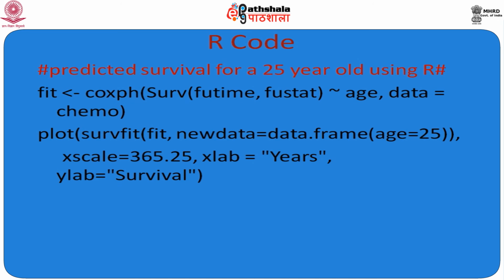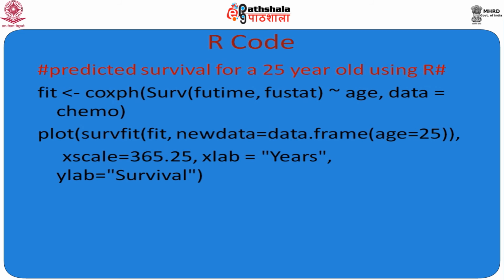Here, since we are not conditioning on other factors in this data frame, plot of survfit with newdata equals data.frame age equals 25 gives the prediction irrespective of male and female, for all individuals of age 25.